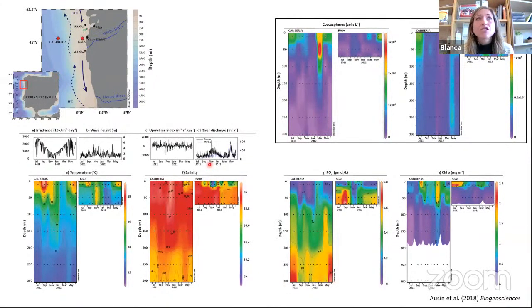But at Raya station, we can see that the higher number of cells is observed during the upwelling season. This is spring or beginning of the summer, but there is also a maximum of the number of coccoliths during the downwelling regime, close to the seafloor, which is 75 meters.